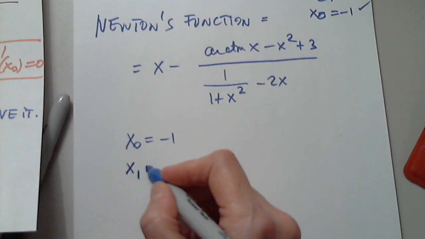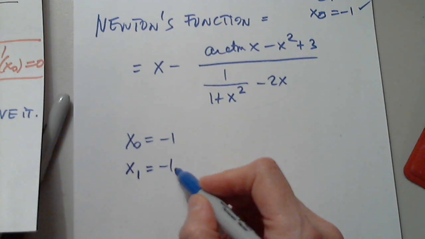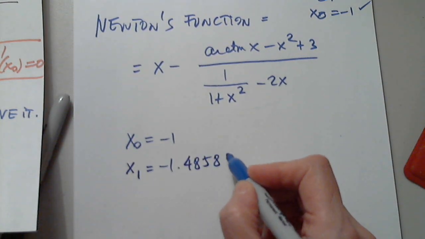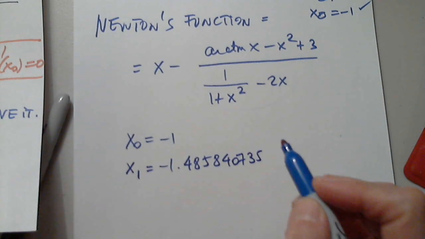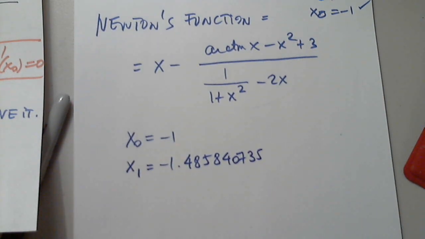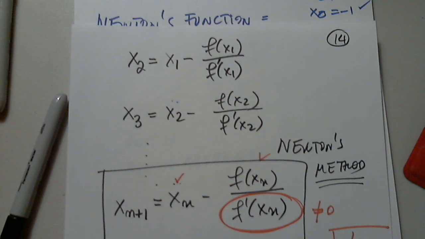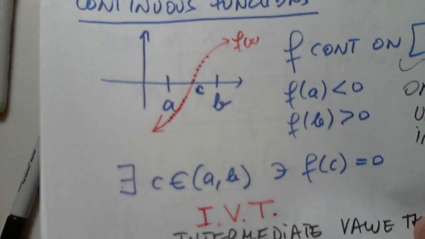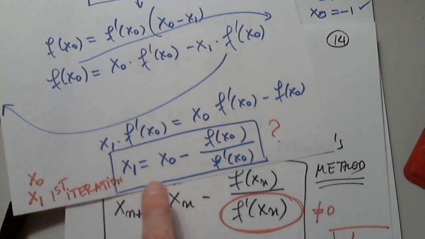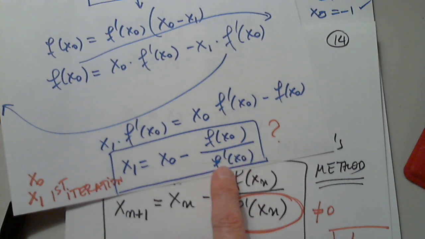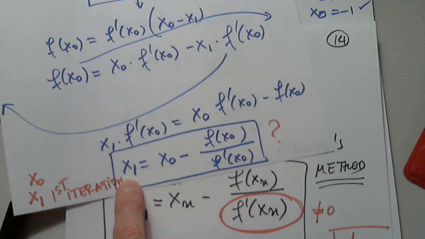So we plugged in x sub 0 minus f of x sub 0 over f prime of x sub 0 to obtain x sub 1, the first iteration.